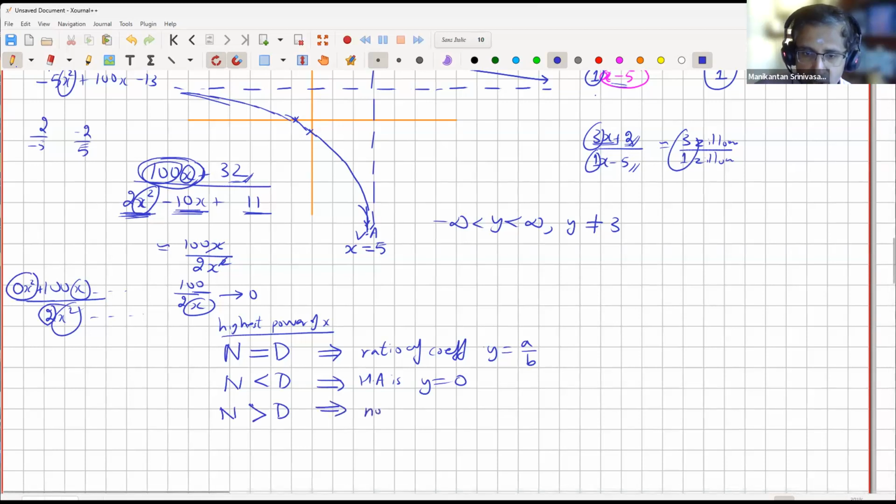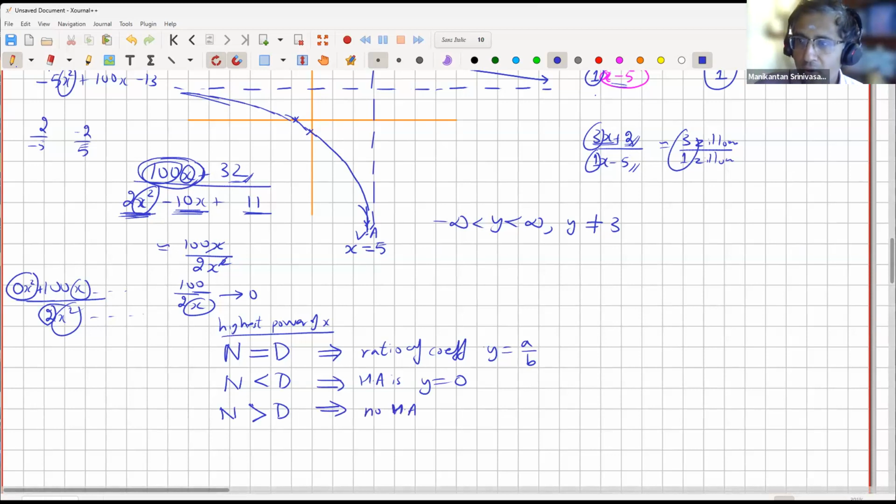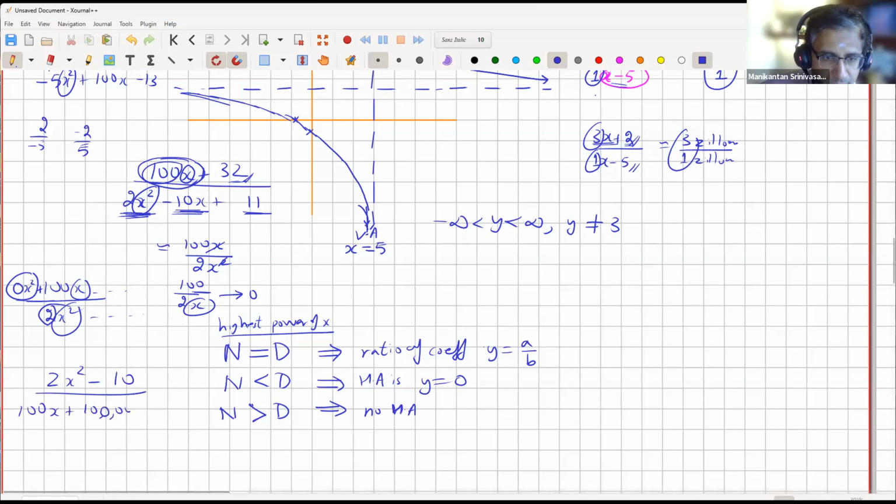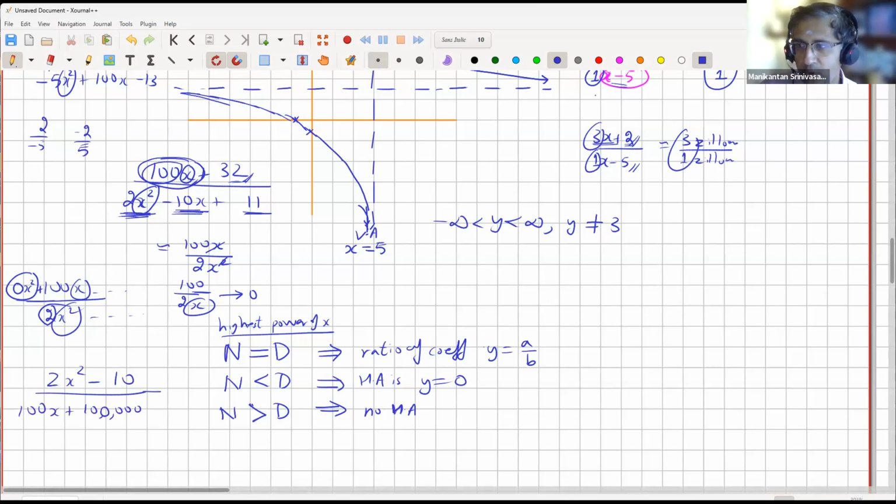In this case, there is no horizontal asymptote at all. In fact, the graph will go towards infinity or towards minus infinity. For example, if you have a case like 2x square minus 10 upon 100x plus 100,000, for small values of x, the denominator is going to be bigger.